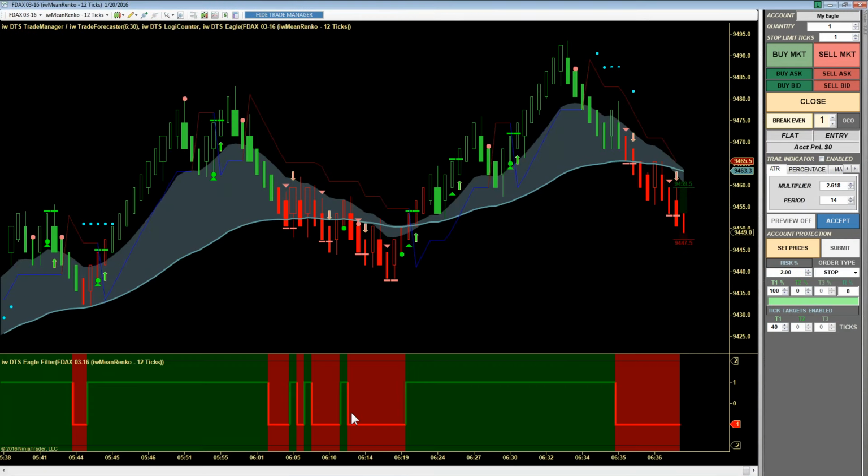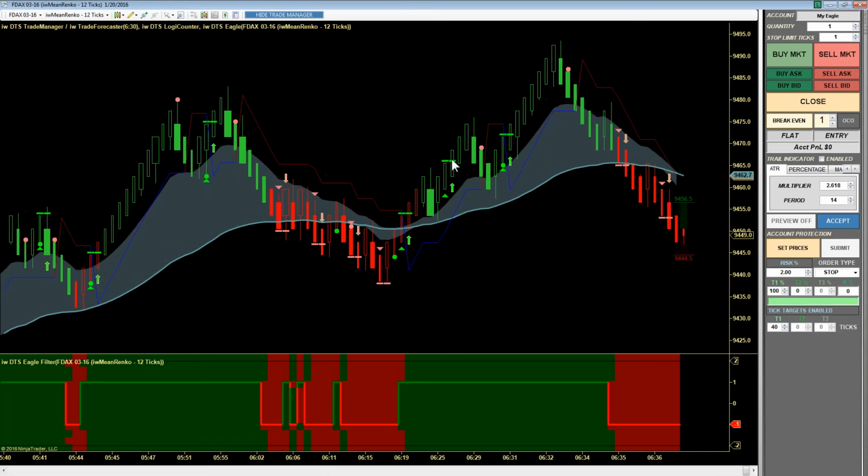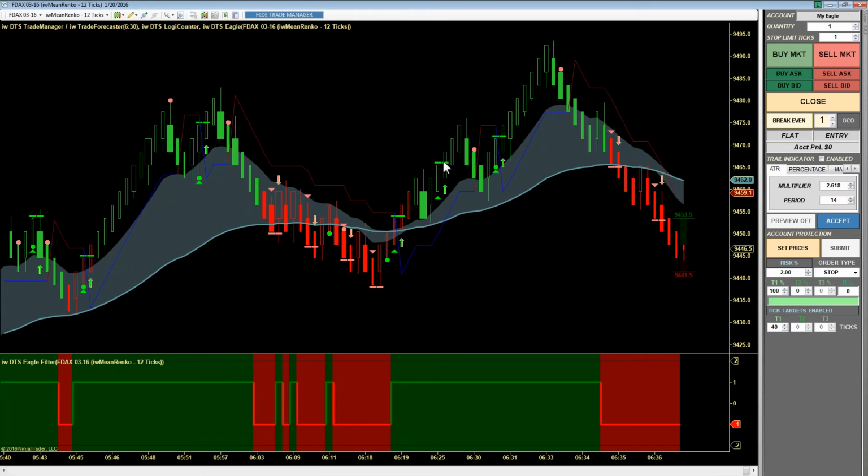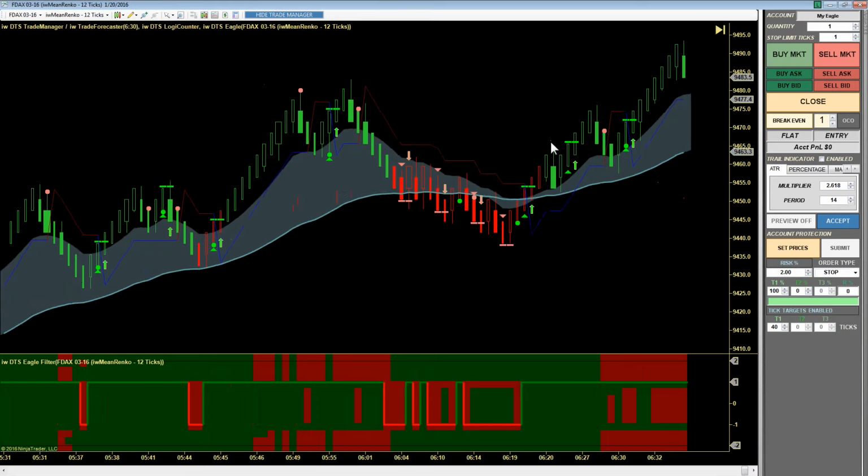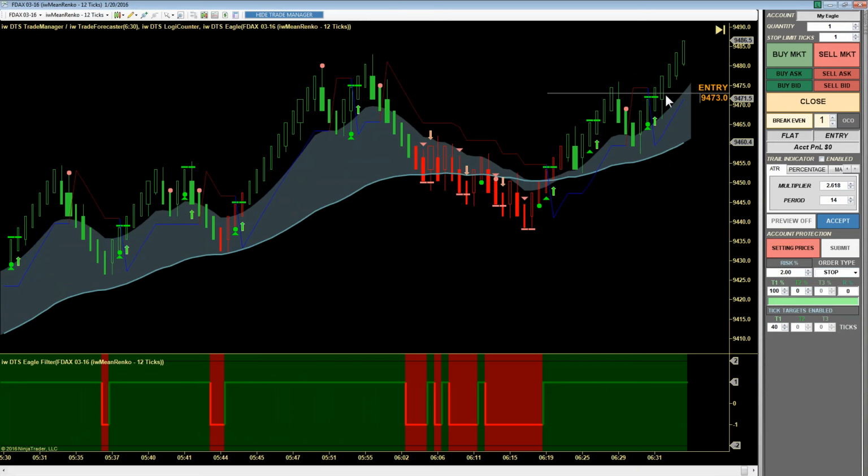Here's the DAX now on the Eagle. So we got our trend change signal right here a few minutes before the market opened. Came back with a hard edge bounce signal right here. Trend was not very long, but I do believe it was far enough to at least hit our first profit objective. Oops. You see, the trade manager, because I'm risking 2% of my capital, will not allow me to take a trade I can't afford.